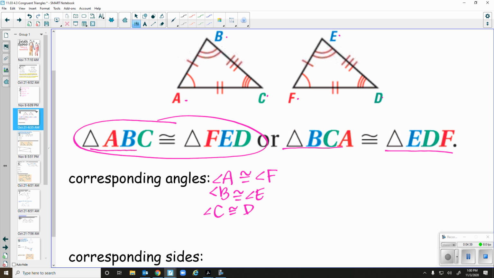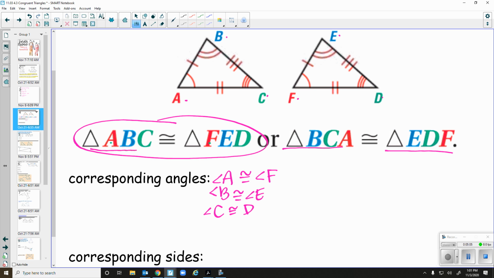There are two ways to know the corresponding angles. You can use the picture when there's a picture, but also from a congruency statement, since it has to be written in that order, you don't need the picture to write those corresponding angles. Whatever's first in the list has to correspond, second has to correspond, and third has to correspond.